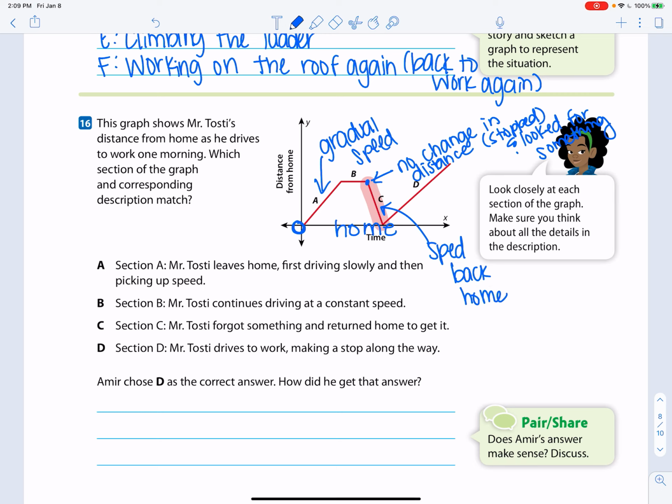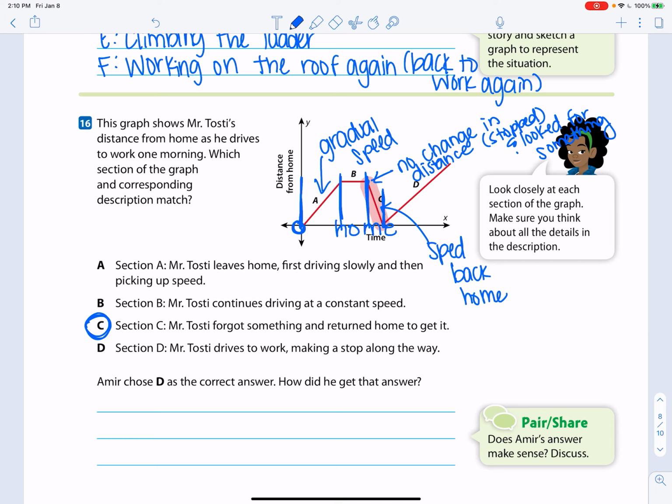The time that he finished section C was so small in comparison to sections B and A, if you look at them. Section C is extremely small, but the entire distance that he's gone has been covered. So he sped back home, probably because he forgot something. And that's exactly what C says here. So I agree that this should be our answer. Mr. Tosti forgot something and returned home to get it.